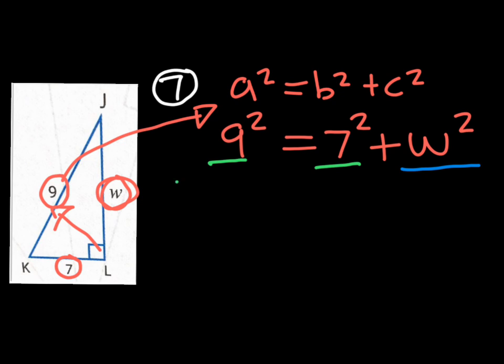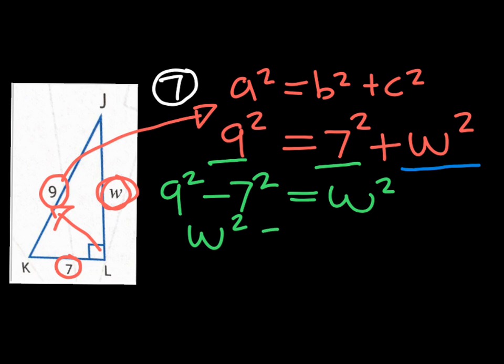Therefore, we can say that 9 squared minus 7 squared is equal to W squared.